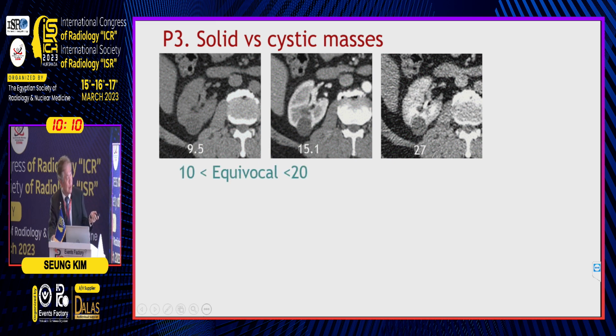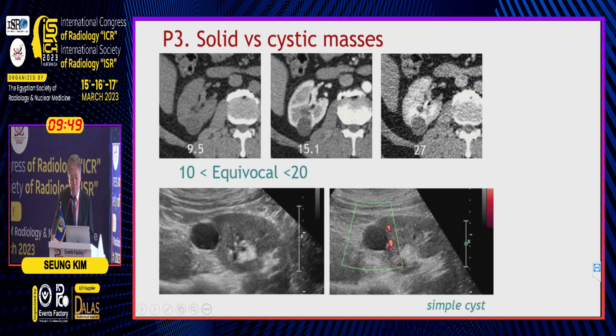When the degree of enhancement is less than 10, usually it is insignificant, and higher than 20, usually we think it's a significant enhancement, and in between it's equivocal, like this patient. In this patient, enhancement is a little bit less than 20. And in this patient, this is ultrasound.